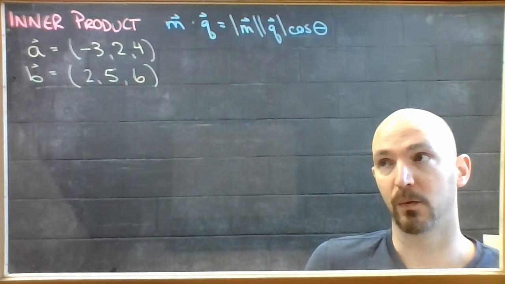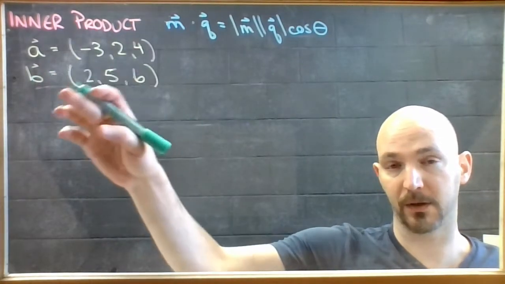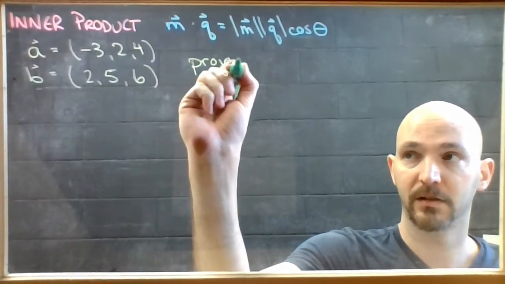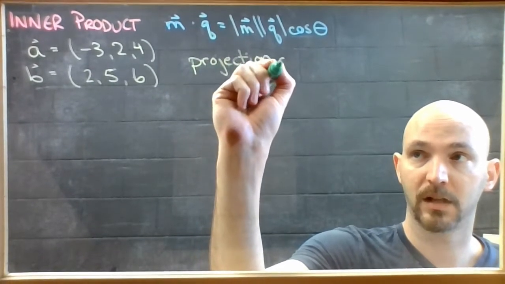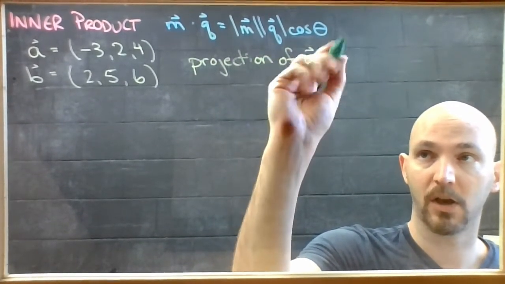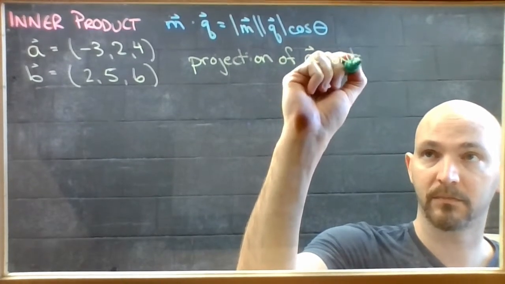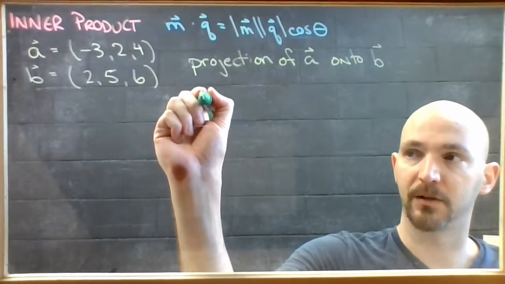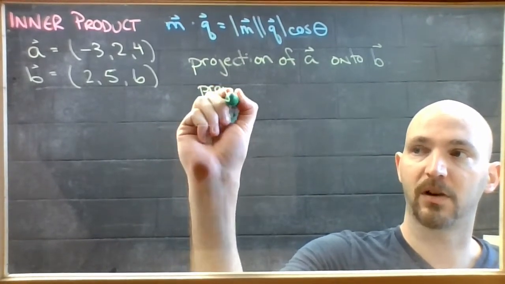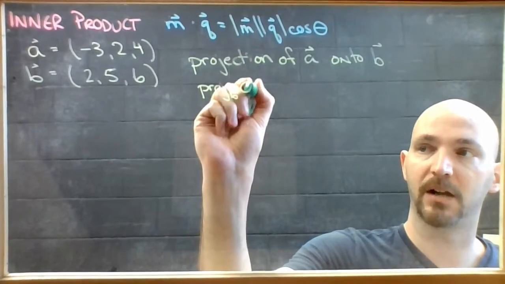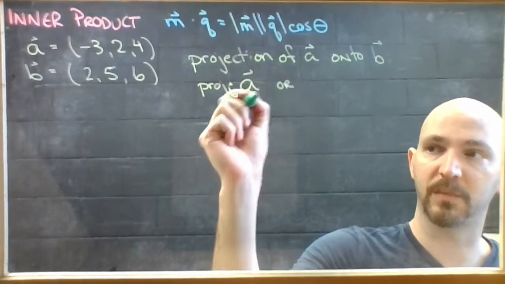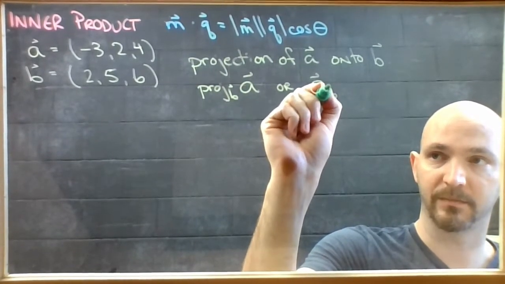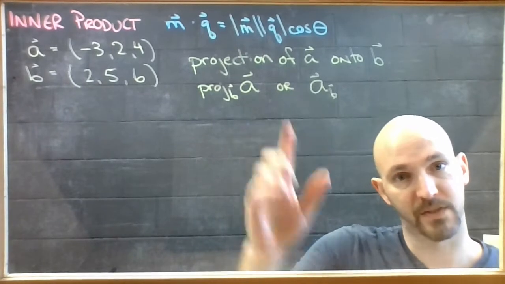All right, so with this thing, I'm going to give you an A and I'm going to give you a B, and I'm asking you to do a thing called the projection of A onto B. And the way we're going to write that is either projection onto B of A, or you might see it simply as A projected onto B. One of these two notations you'll come across.